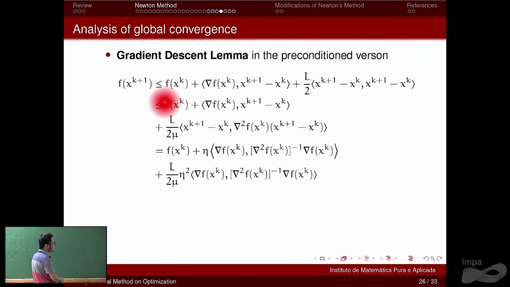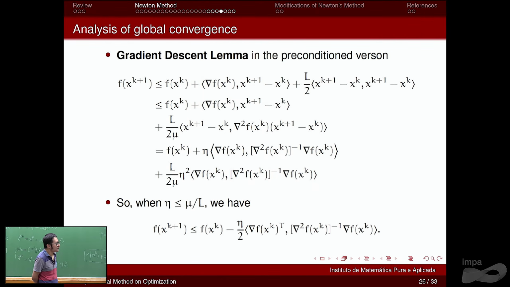You substitute xk plus 1, both here and here, by the definition of the Newton method. Then you get this one: f of xk, with the inverse of the Hessian here and the inverse of the Hessian here times the gradient, because we substitute xk plus 1 by the definition of the damped Newton method.